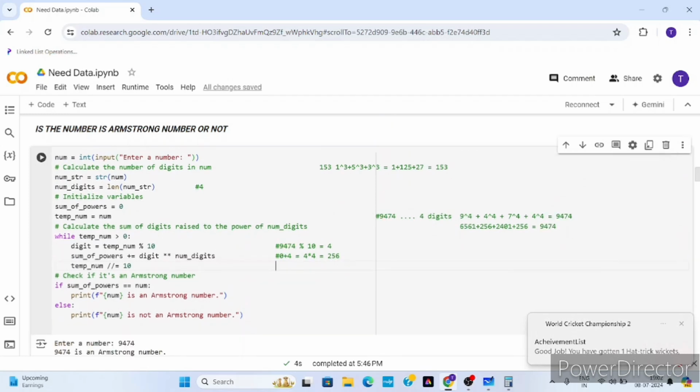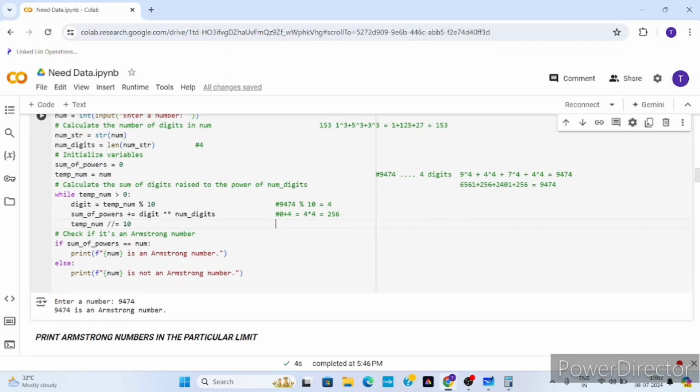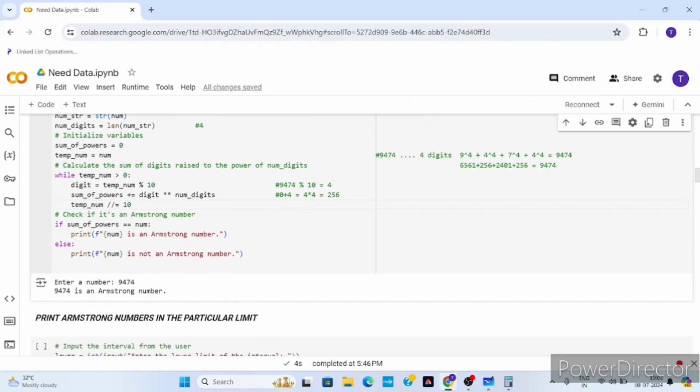Okay. And next, sum of powers is equal to sum of powers plus digit to the power of number of digits, right? Sum of powers until now is 0 plus our digit, whose value is 4. So it equals 4.